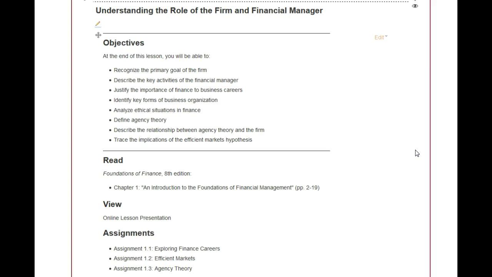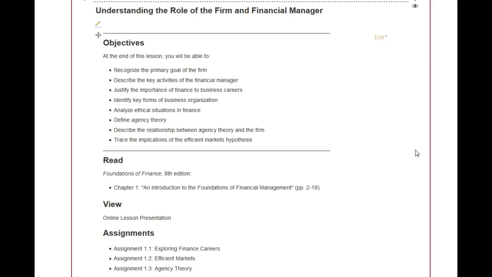The controller looks at more of the accounting side, where the treasurer looks at cash management and financial planning. But the finance role goes all the way to the level of entry positions. So really concentrate on that.